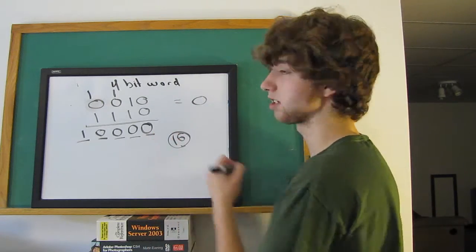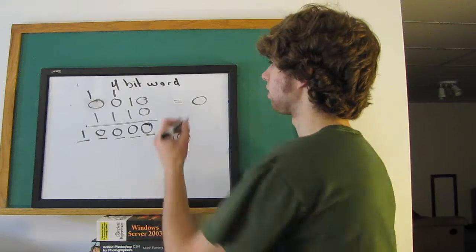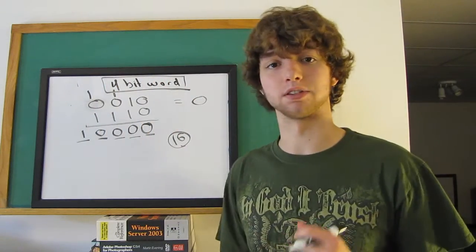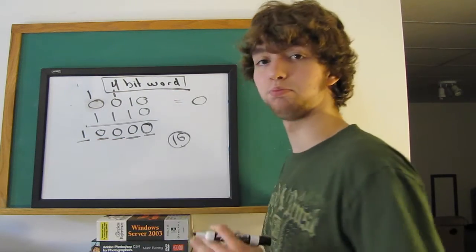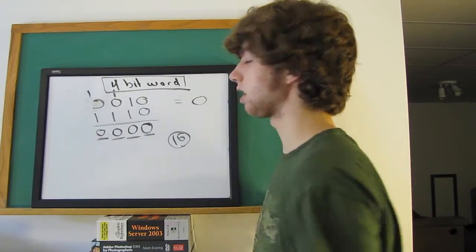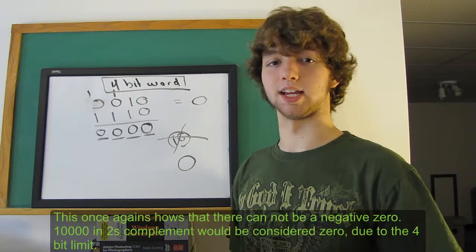So the answer is 16. That's not right. What's up with that? Well, if you look, we are in a 4-bit word system. This limit allows this to work. So basically, we can only have 1, 2, 3, 4 bits. Anything after that is ignored. So now, our answer is 0, which is the correct answer.